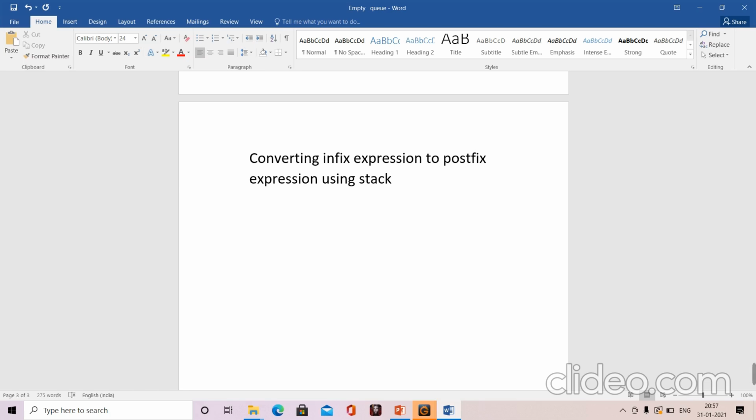so what basically is infix? Okay, the conventional method of representing, so I'll give you the definition also.